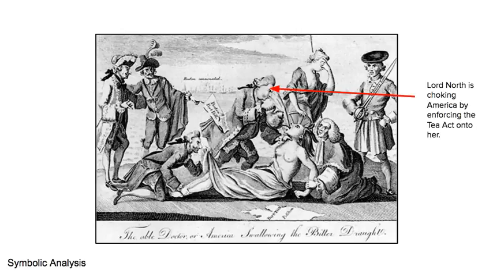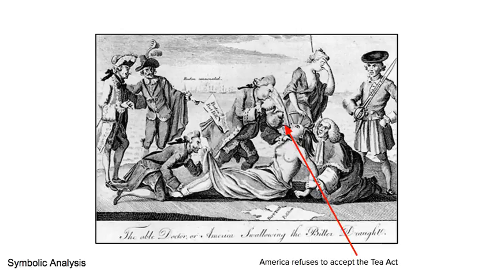And we also know that the Tea Act was a trigger for the Boston Tea Party, which was then a trigger for the Boston Port Bill, which is in his pocket, which is ultimately the coercive acts. So we can see Lord North is choking America and is forcing America to drink the Tea Act.